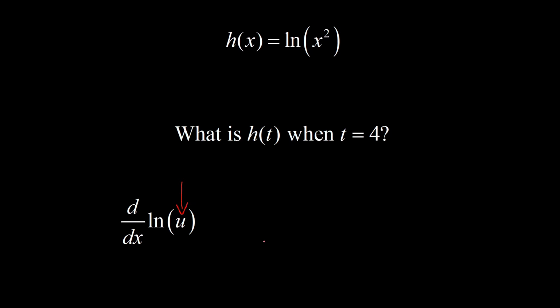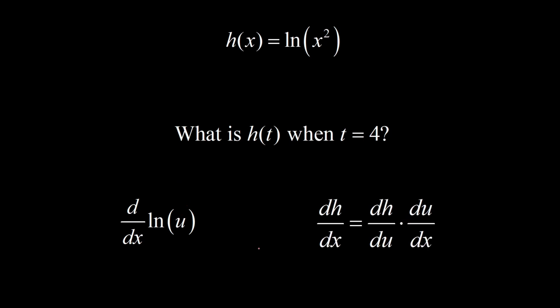And this is where the chain rule kicks in. Because the chain rule is what deals with these mismatches in letters. So notice the chain rule right here. Remember, our function name is h. dh over dx means the derivative.